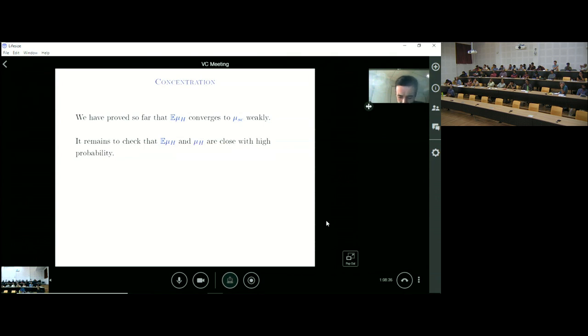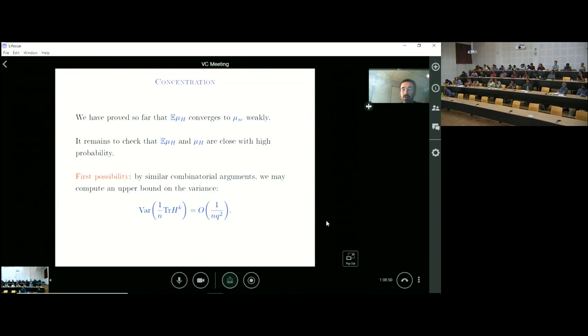There are two ways to check that. Either you repeat the combinatorial arguments I've given you for the first moment and do it for the second moment of the expectation of the trace.